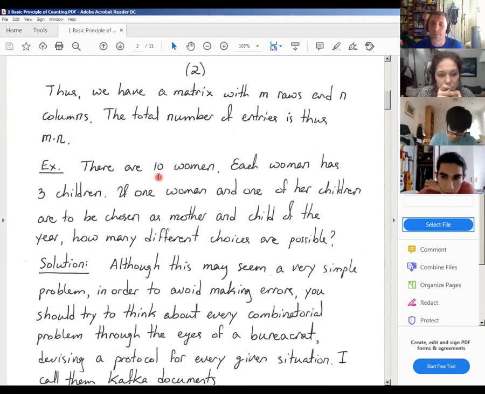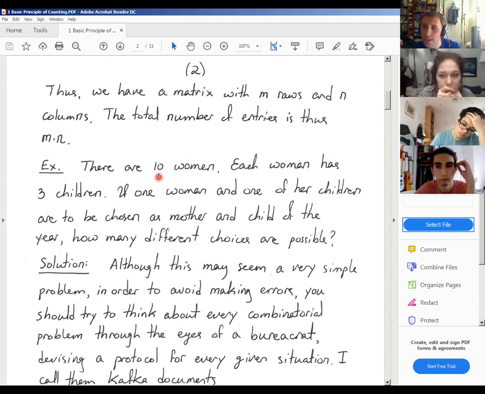So I can say, for example, the outcome came to be (2, 3), which means woman number 2 was picked as the best mother, and child number 3 was picked as the best child. You can decide how you assign numbers to children. Maybe you assign the numbers to women based on their age, their birthday, their name, and to children based on whatever you like, right? But you have to have a clear picture of how you assign the numbers, okay? So then you can clearly see what outcome (2, 3) represents, right?